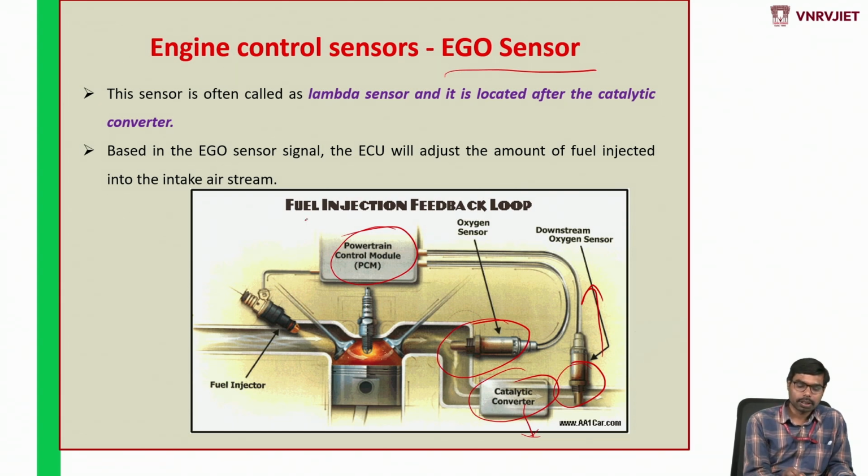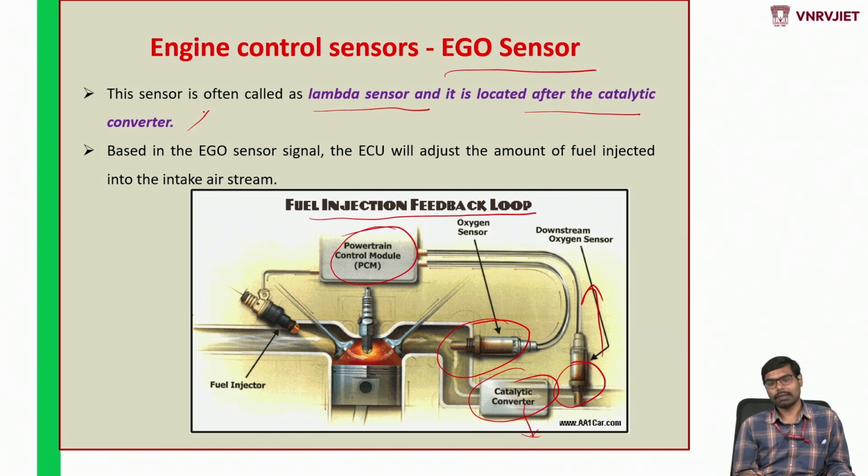Clear? That's why the fuel injection feedback loop, which is nothing but a closed loop, happens when this oxygen sensor gives proper information. That's why it is very important. This sensor is also called the lambda sensor. It is located before the catalytic converter and after it also.